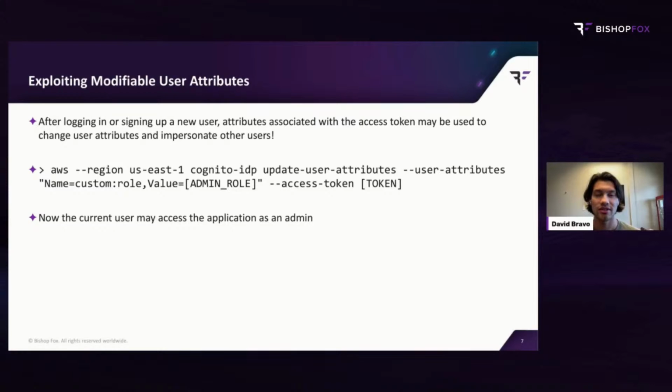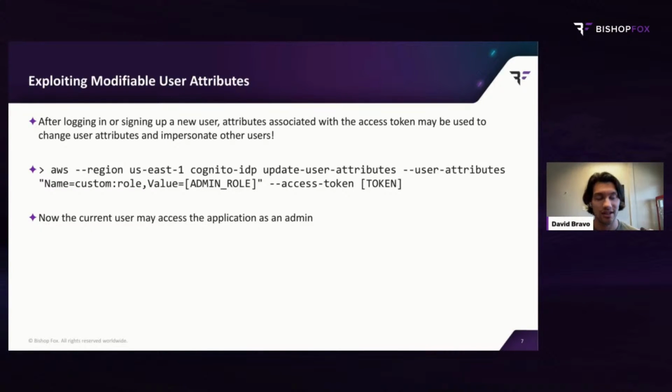The scenario we would be exploiting is: I create a new user and my user gets the role custom attribute of value user. Then the AWS Cognito implementation, for whatever reason, has decided to let me modify my user attributes. Then I modify my user attribute to role equals admin.